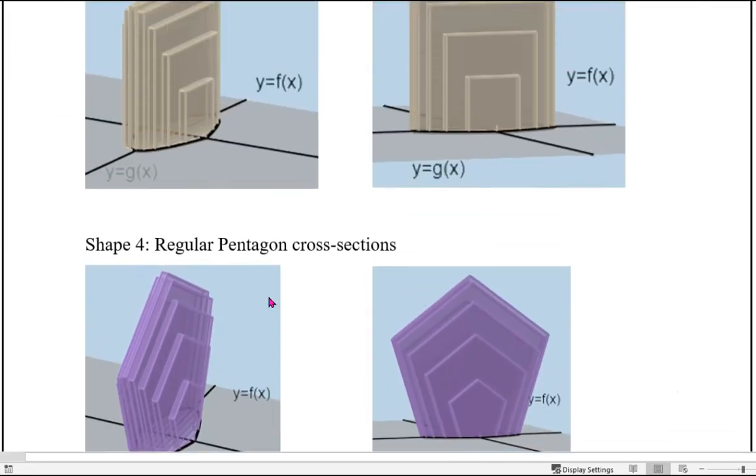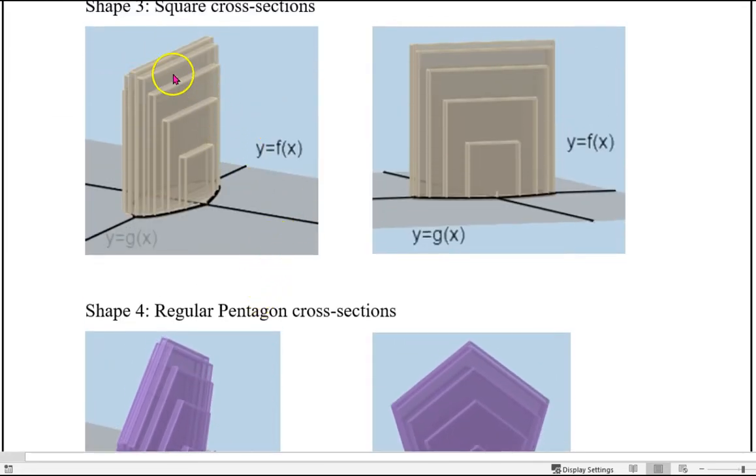Let's take a look at a different one. How about our squares? Squares are easier to think about than pentagons. Let's pull off this square right here, the second one in when you're looking at it from the right. If I pull this off, do you see that I've got a square on the front and I've got another square on the back, same size, same shape?